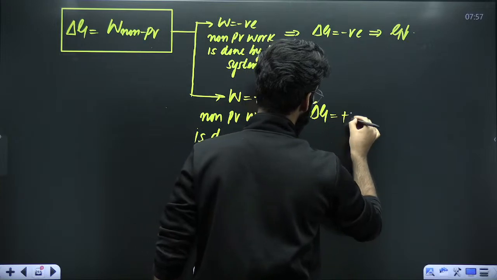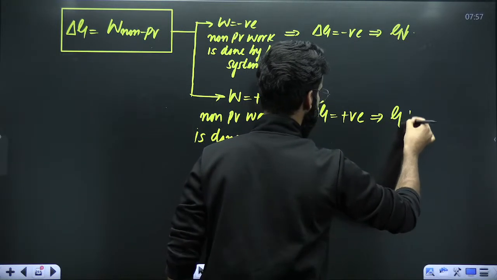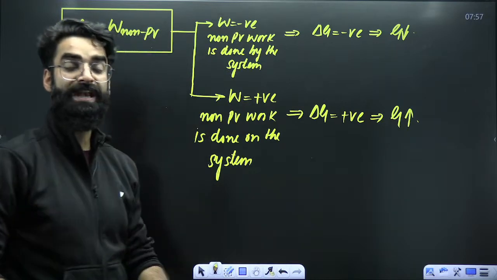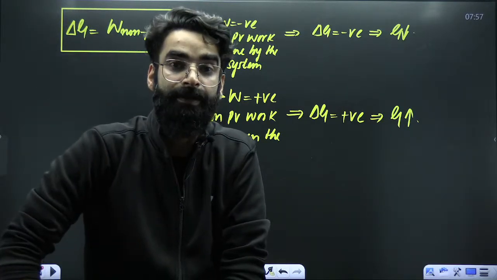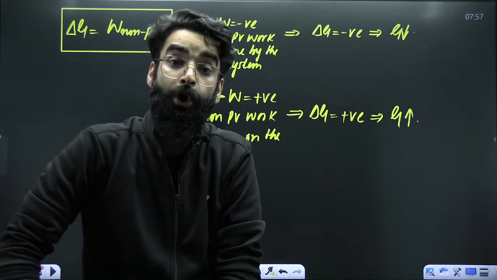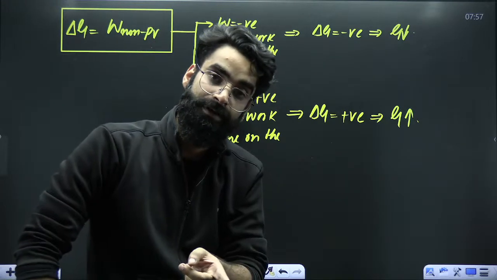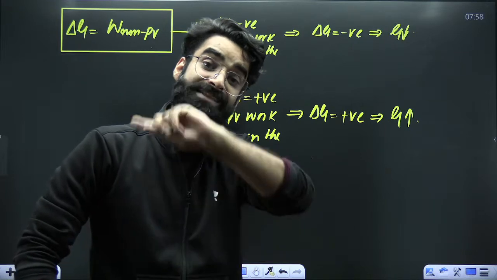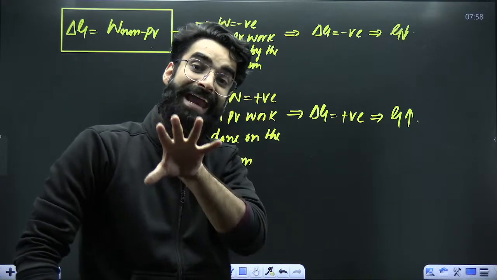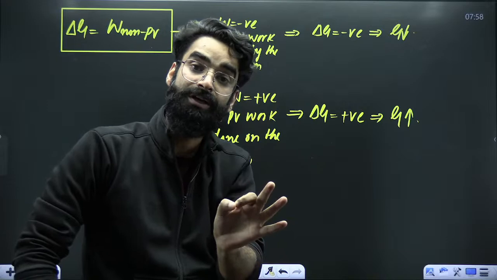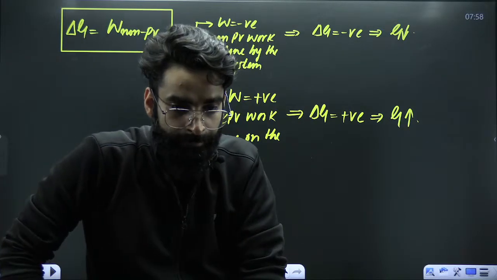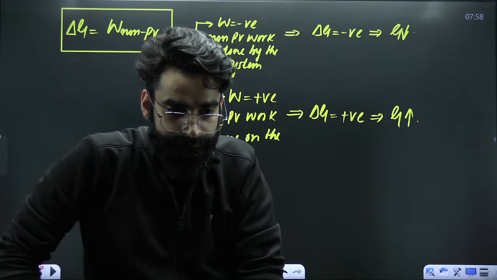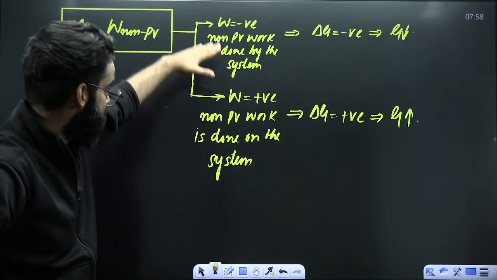If delta G is positive, that means the Gibbs free energy of the system increases with time. So whenever you see the Gibbs free energy of the system increasing with time, that means at that time non-PV work is done on the system. Whatever non-PV work is done on the system, that entire non-PV work is stored in the system in the form of its Gibbs free energy. Perfect. So do remember these two particular statements.